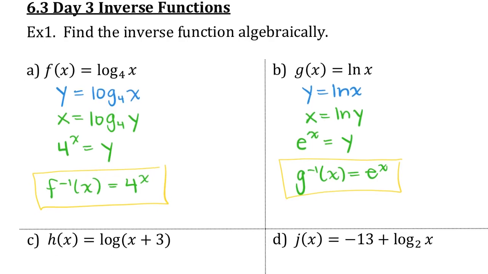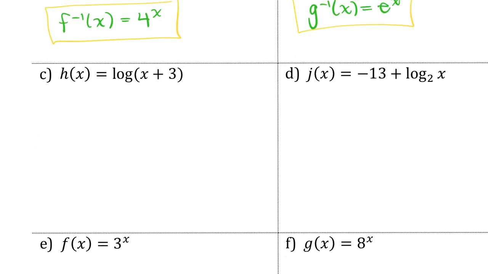Okay, let's try some that are a little bit trickier. I'm going to start the same way. I write it as y equals, and again, if you're comfortable skipping that, that's okay. I'm going to keep it so I remember that I'm interchanging my x and y because my input and output are changing. x equals the log of y plus 3. Can I cancel the plus 3? No, it's in parentheses. It's part of the argument of the log. So I'm going to rewrite this in exponential form.